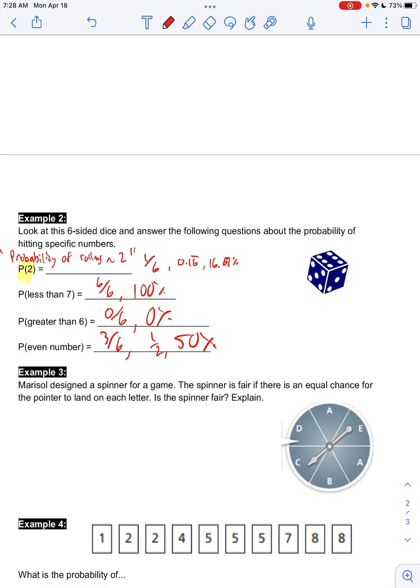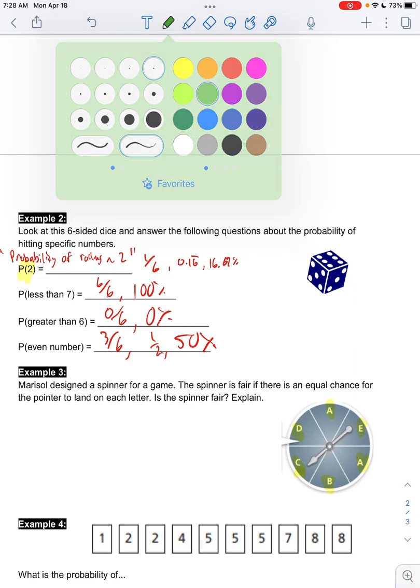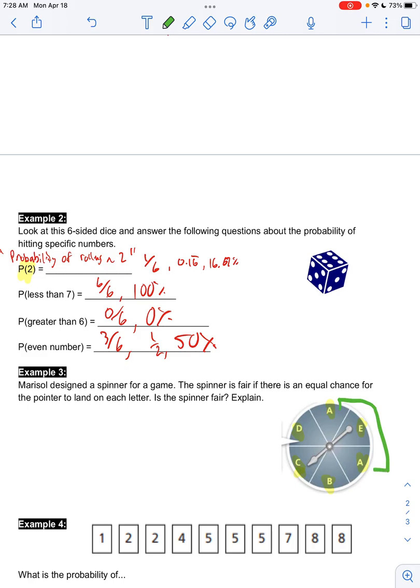Marisol designed a spinner for a game. The spinner is fair and there is an equal chance for the pointer to land on each letter. Is the spinner fair? So if I look at my spinner, I have D, C, B, A, E, and A. I notice that while each section is the same size, A has 2 sections.